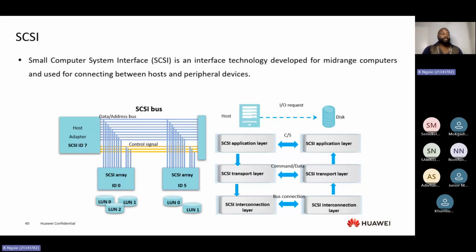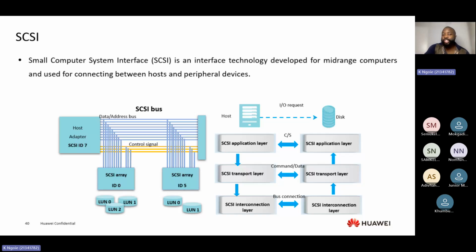So we have different types of protocols. We have the SCSI protocol, the SAS protocol, FC, which is Fibre Channel, and the Internet Small Computer System Interface, which is iSCSI. We have NFS, the Network File System, which I think we mentioned a few weeks ago.